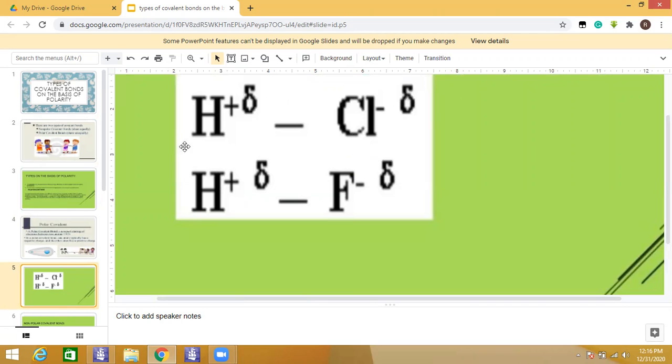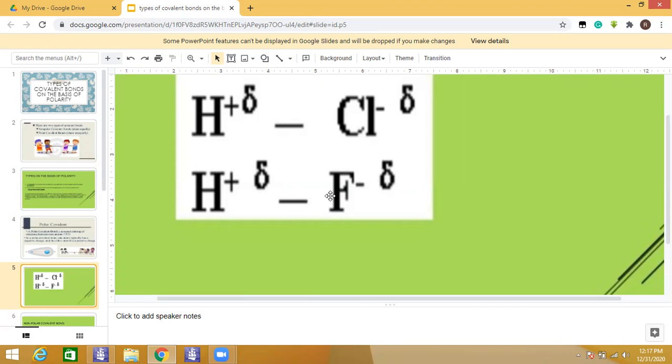In this case, like HF, hydrofluoric acid, fluorine is more electronegative than hydrogen. Thus the bonding pair of electrons is shared unequally, and this fluorine has a greater share of electrons than hydrogen.